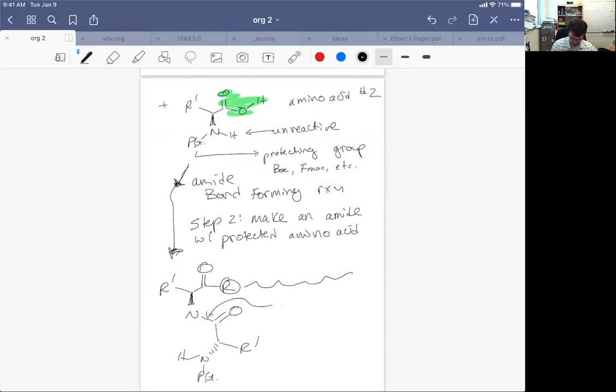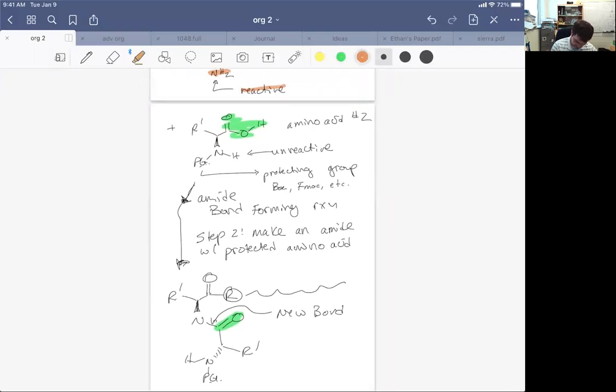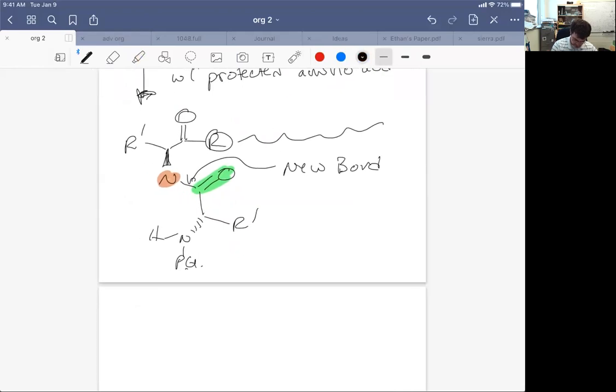So we have a new bond by connecting the nitrogen to the amide. Now what we've done is we make the amide. Sorry, let me get a new page here. And then in step 3, we deprotect and wash away impurities.